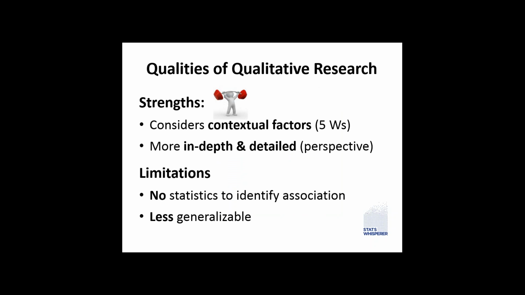The 5 W's: you have your study participant, and then we're looking at who, what, when, where, why, like what are all these things. Very powerful, and as it says here, very detailed, more in-depth. You could say that it's a very powerful way to get the perspective of the study participant. Now, in qualitative and quantitative, that perspective is what we're after.